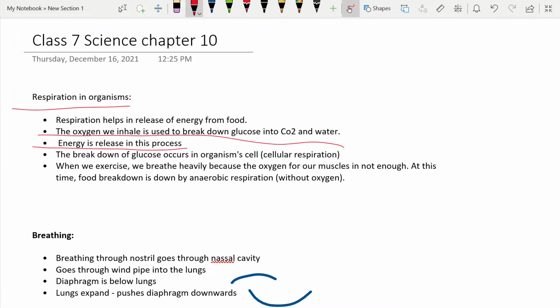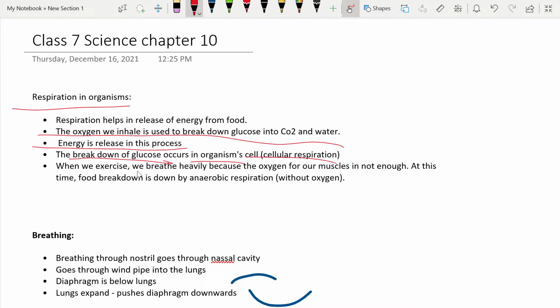The breakdown of glucose, which is basically the breaking down of food, occurs in the cells of organisms, which is known as cellular respiration.